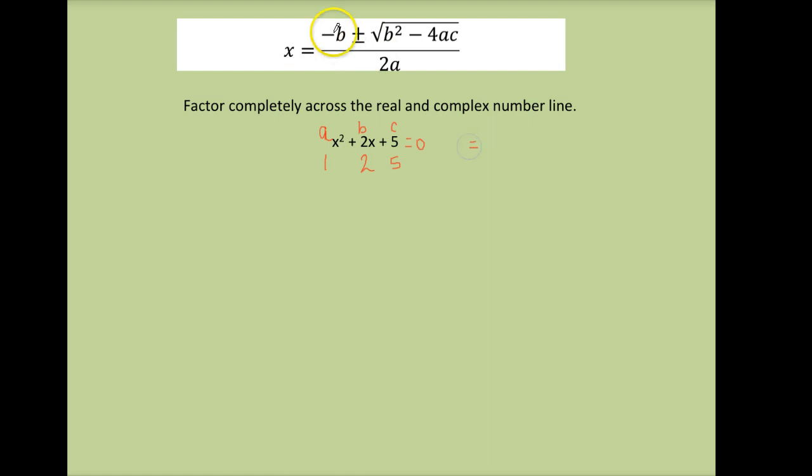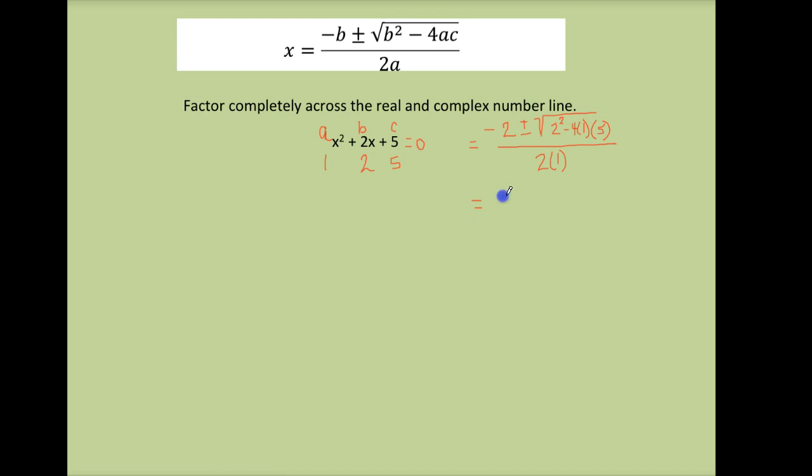So it says we do negative of b, which was 2, plus or minus the square root of b squared. So again, b was 2, so we have 2 squared, minus 4 times a, which was 1, times c, which was 5. And then we have the whole thing is divided by 2 times a.